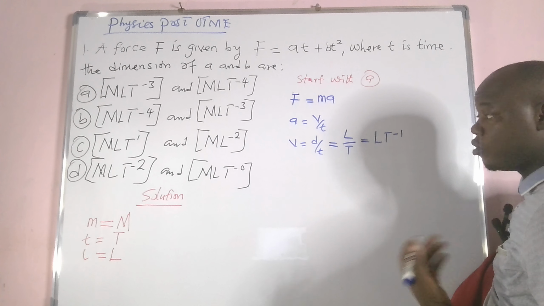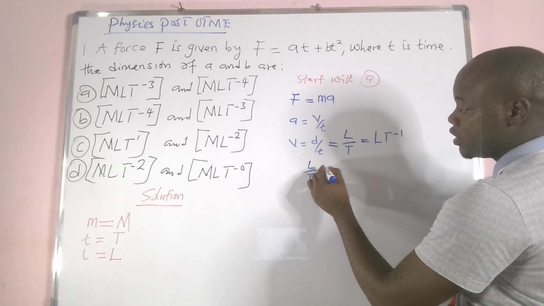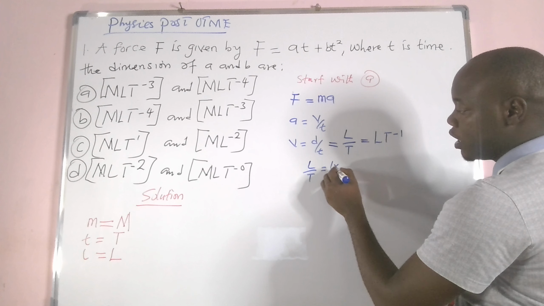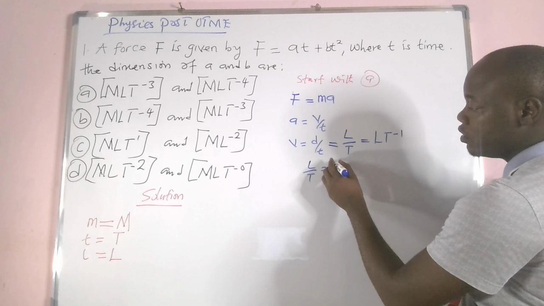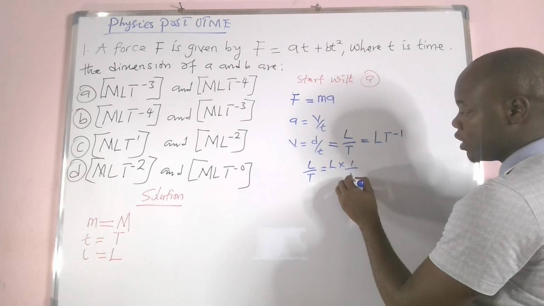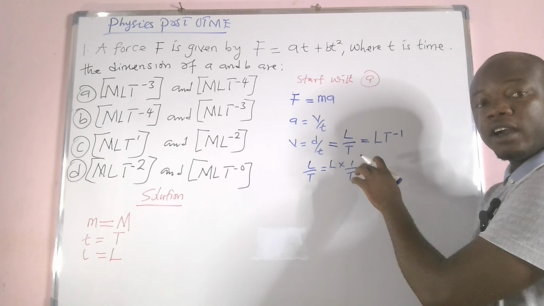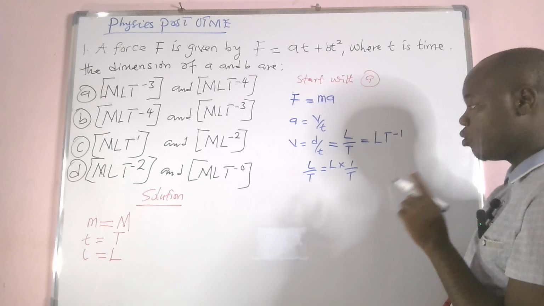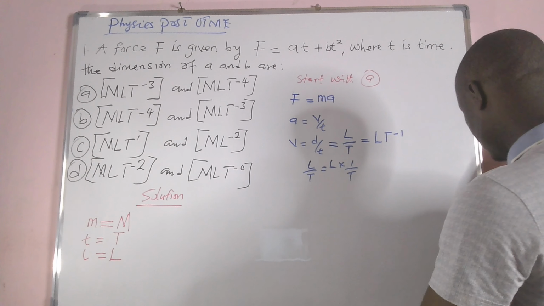If you remember your law of indices, L over T is the same thing as L times 1 over T, and whenever you have a minus power, it is the same thing as 1 over.